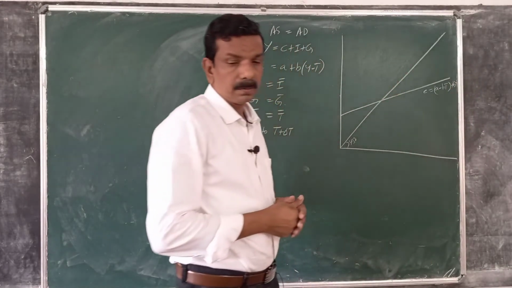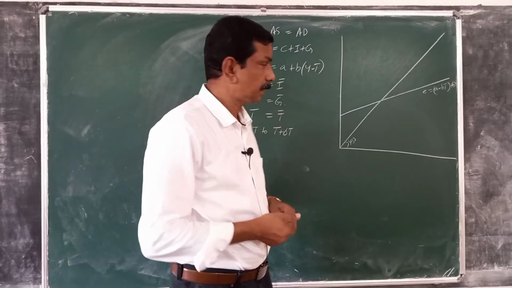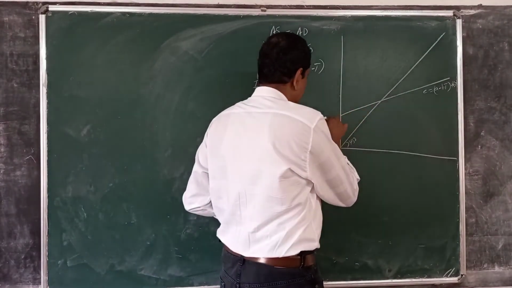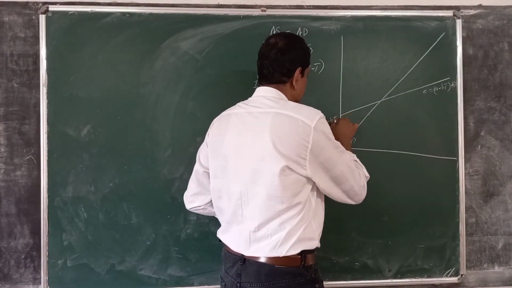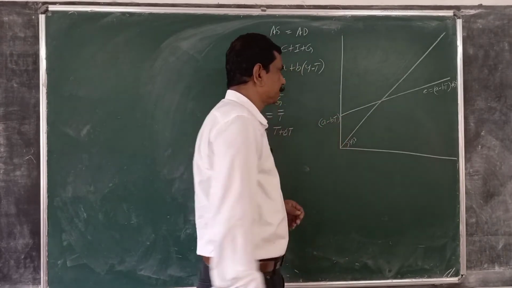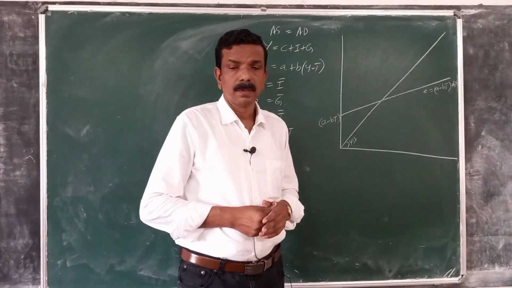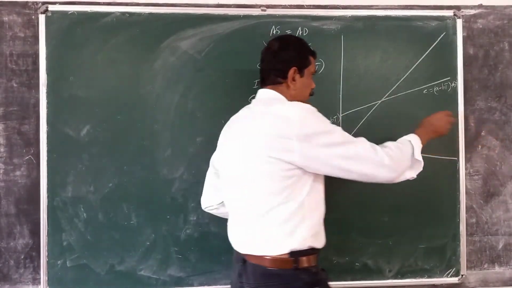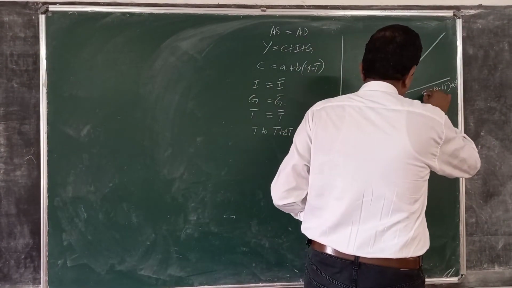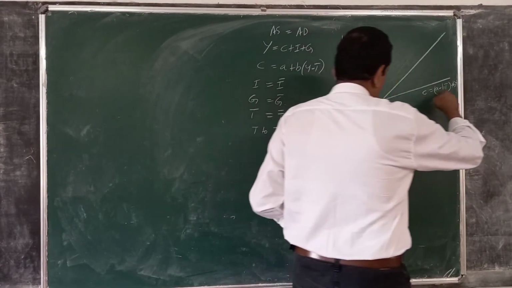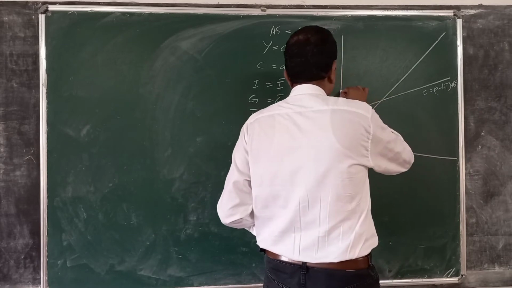This is A minus BT. Let it be C is equal to A minus BT plus BY.